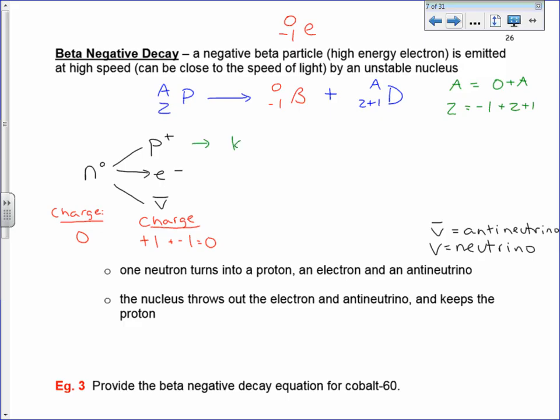It is kept by the daughter nucleus, so that increases Z by 1. And then both the electron and antineutrino are expelled.